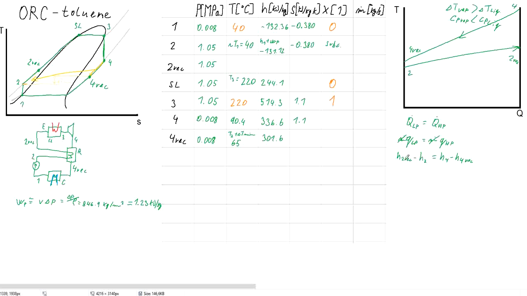And you can see that enthalpy 2 recuperated is enthalpy 2 plus the enthalpy difference, 36.6 minus 1.6, so it's 35 kilojoules per kilogram.